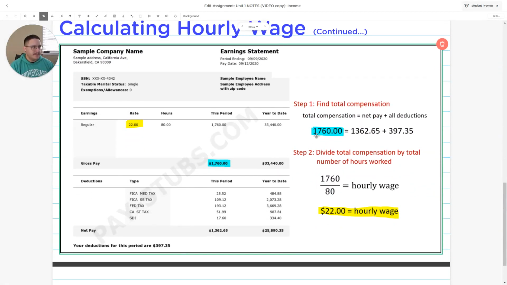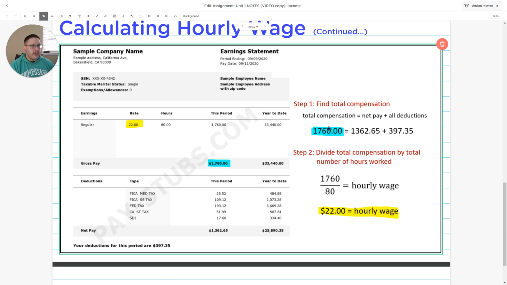So in this example, finding the total compensation is taking our net pay and then adding up all our deductions. In this example, net pay is $1,362.65, and then our total deductions is $397.35. Add those together, and our total compensation, according to this earnings statement, is $1,760.